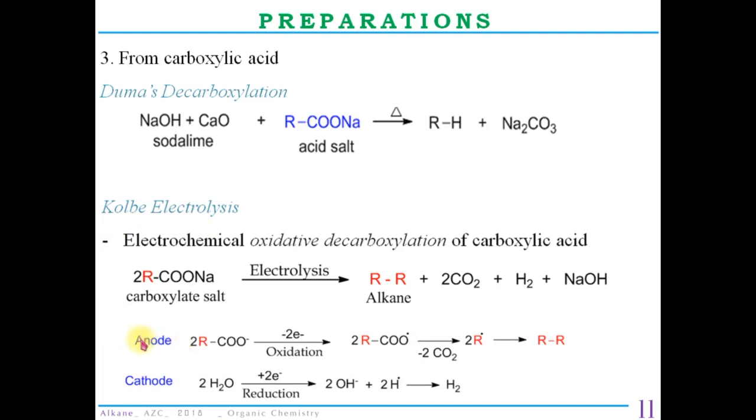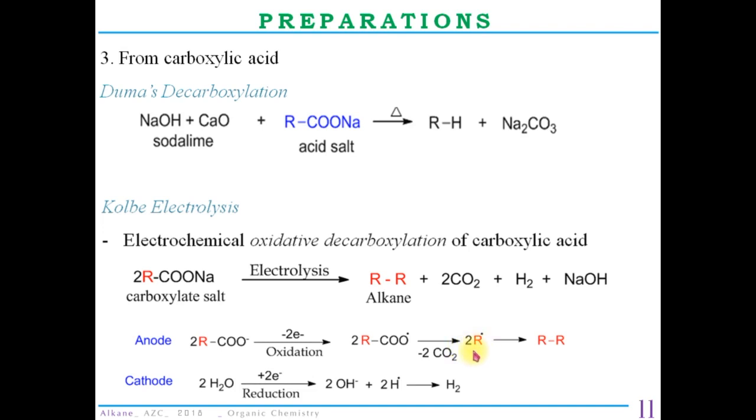On the side of the anode, carboxylate salt liberates 2 electrons and converts into a carboxylate radical, and on further degradation of this intermediate, there is liberation of carbon dioxide and formation of an alkyl radical.